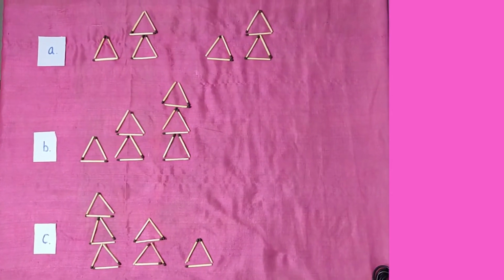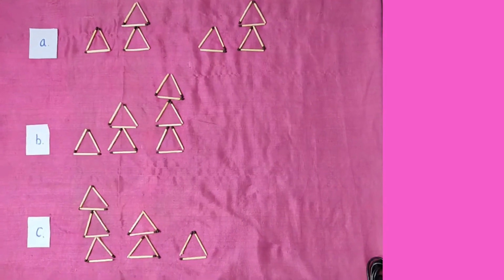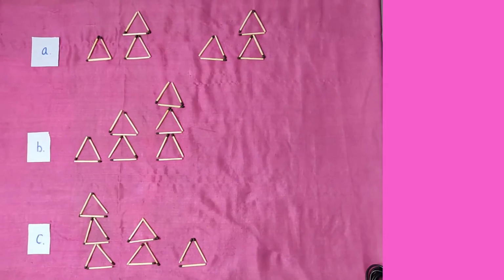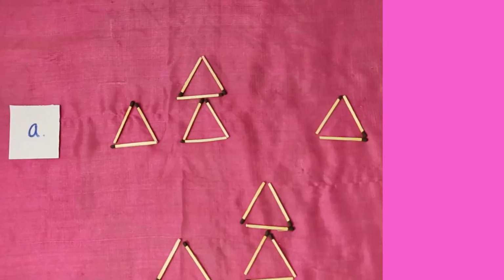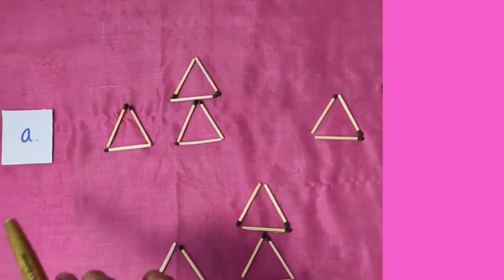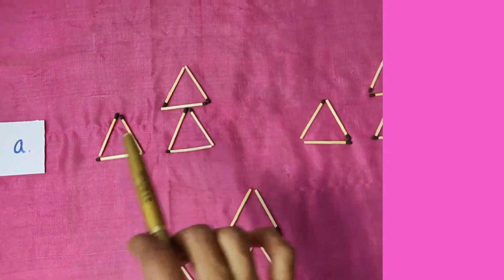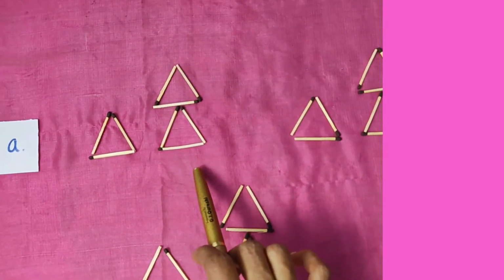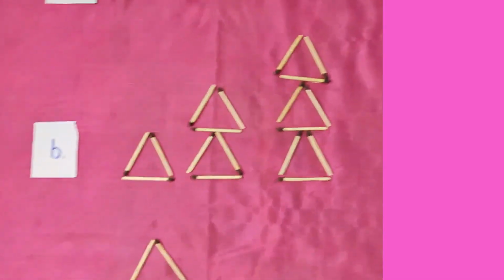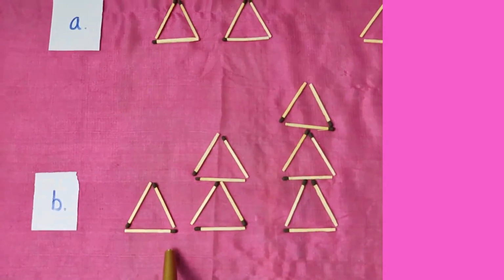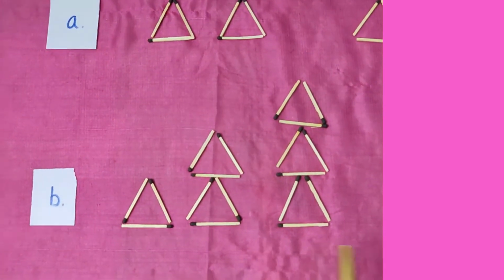Children, observe this pattern of triangles A, B and C. It is made by using matchsticks. Observe this pattern A. Here one triangle and two triangles are here. Now let's observe pattern B. One triangle, two triangles and three triangles.